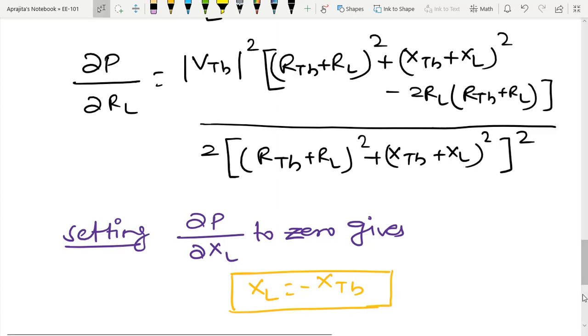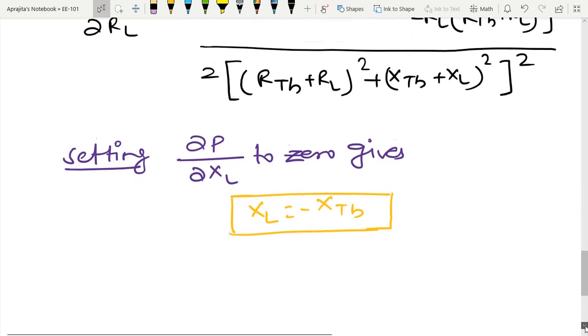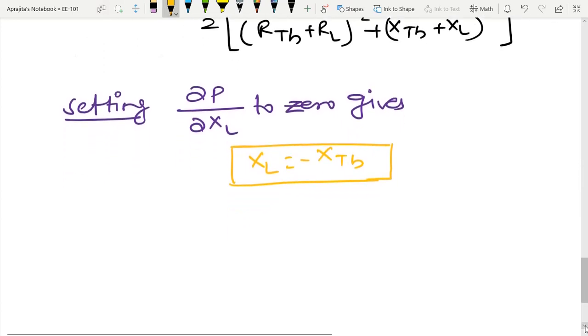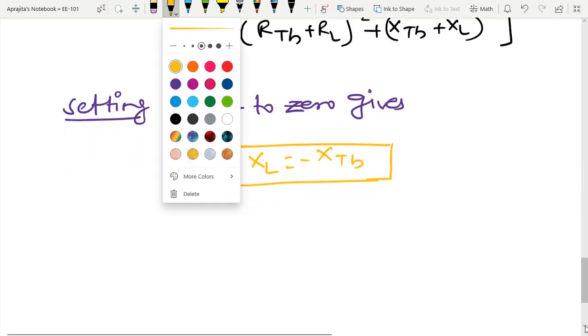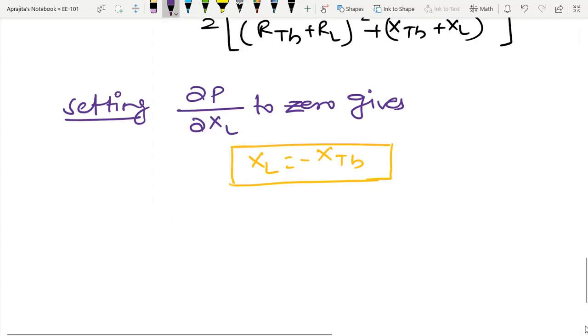And I have one more partial derivative, and at the same time we have to do both, so I am going to use the AND operator.